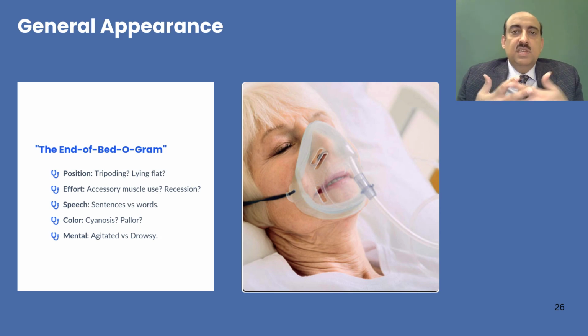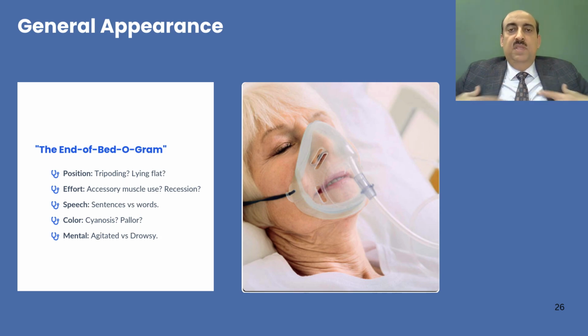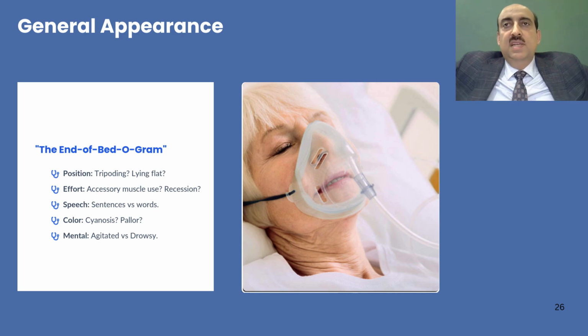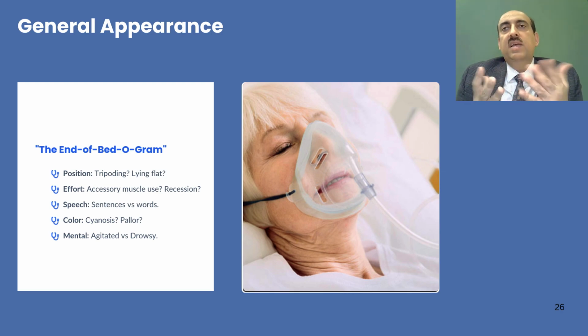The accessory muscles include the neck muscles, the rest of the shoulder and chest wall, and the abdominal muscles. In the neck, you have the sternocleidomastoids and the scalenes. In the upper chest and back, you have pectoralis major, minor, serratus anterior, trapezius and latissimus dorsi. And the abdominal muscles include the rectus abdominis, the recti, the obliques, and the transverse abdominis.